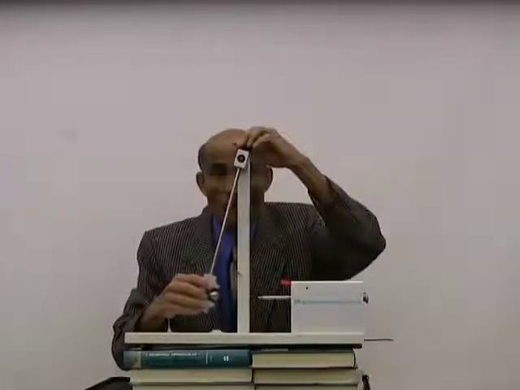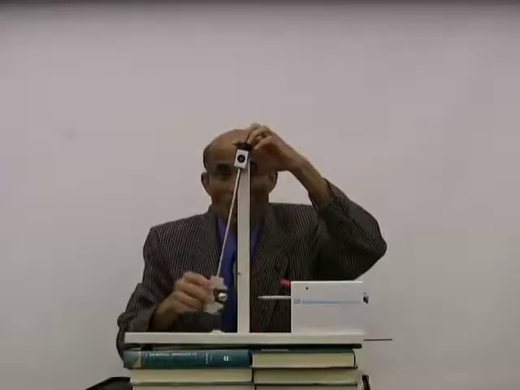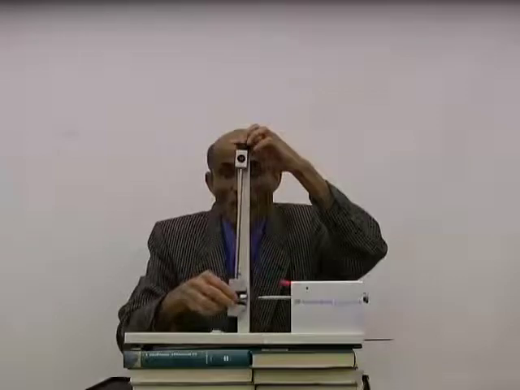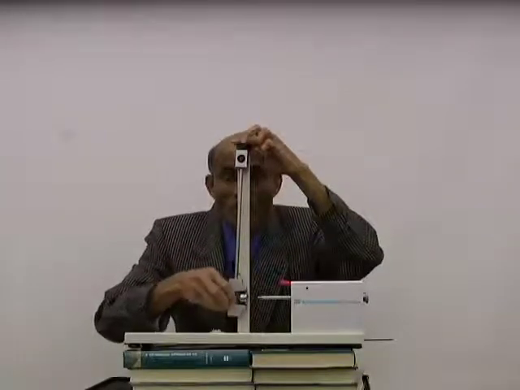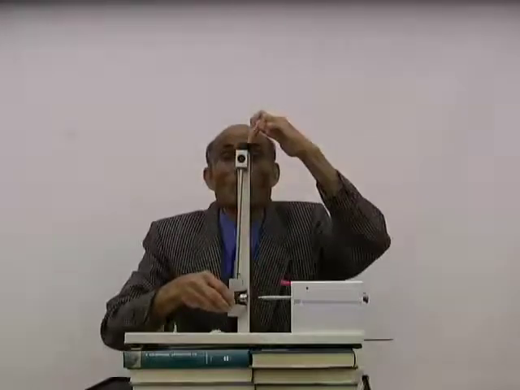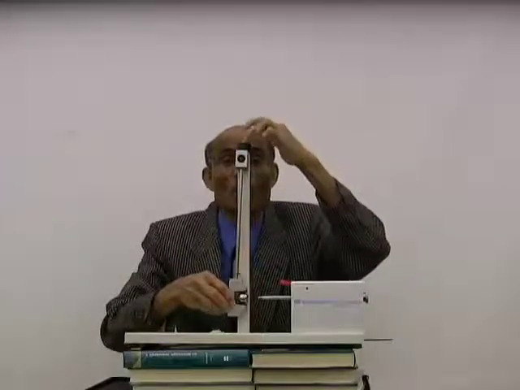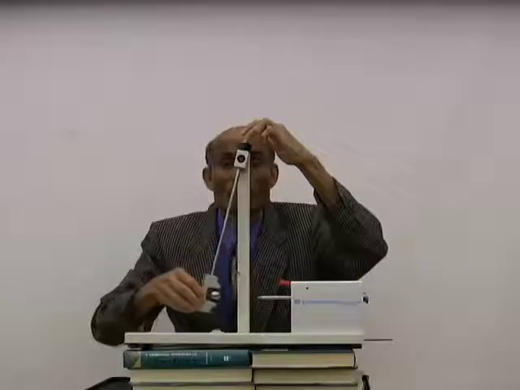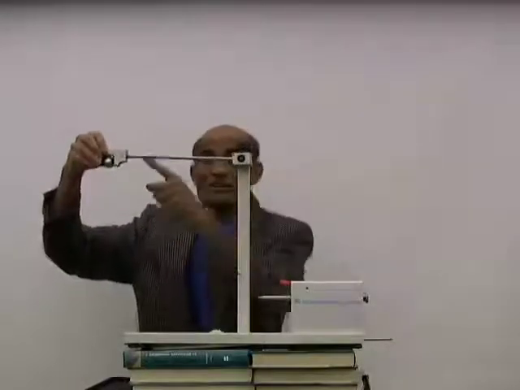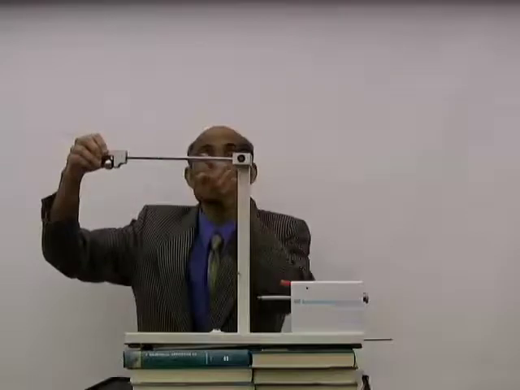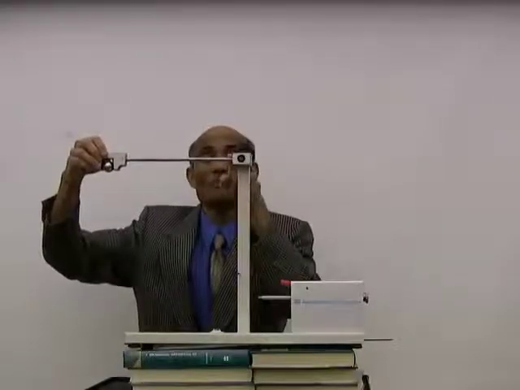The torque arm is decreasing. That means when the object is here, the force directed downward will produce no torque at all. The torque arm is now 0. But if I move it like this, the torque arm is increasing. This distance is increasing. And when it is at 90 degrees, this is my torque arm.